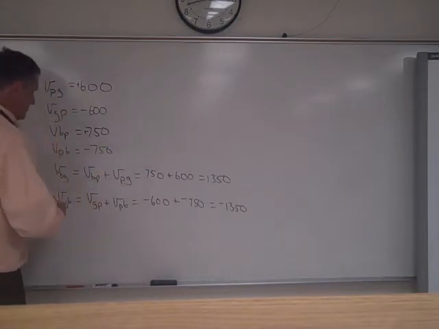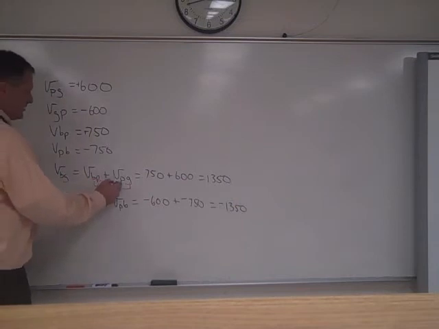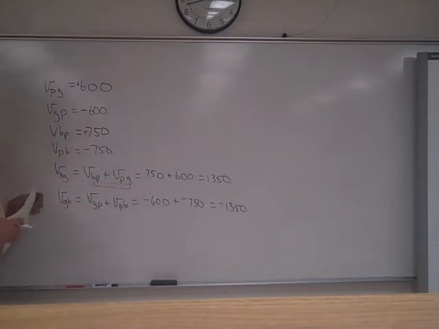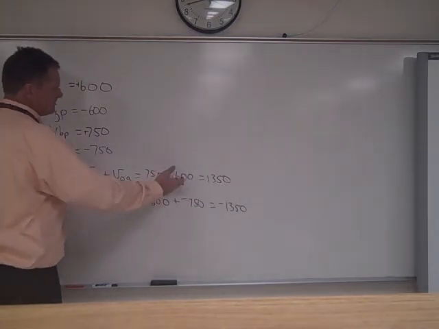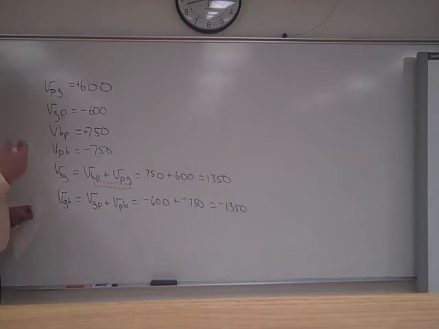Again, notice that the two outer letters give us BG, and the two inner letters have to be the same for us to add them. So we land up with positive 750 plus positive 600, we get 1350 miles per hour. That's how fast the bullet would be going if it hit the ground.